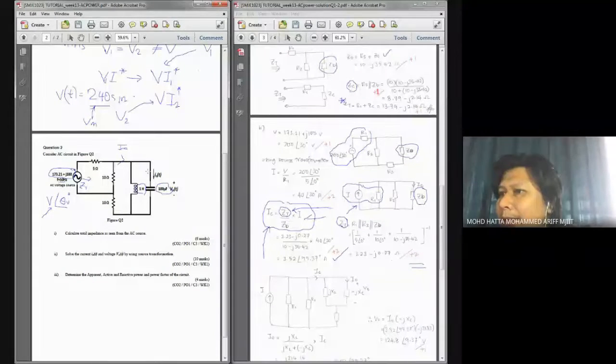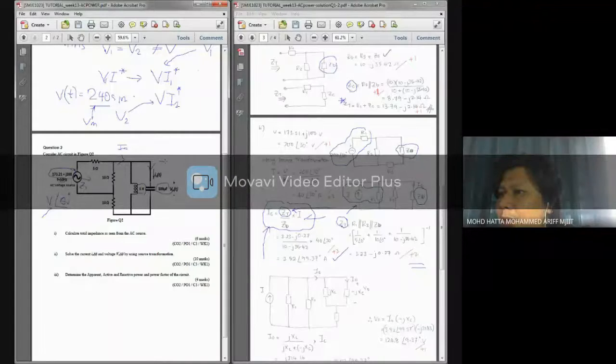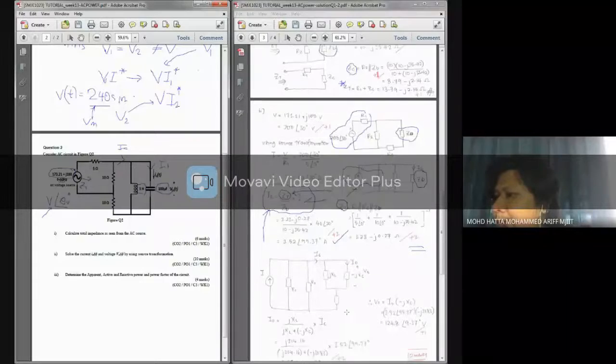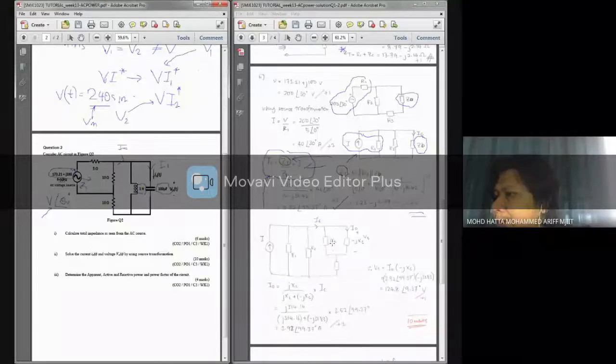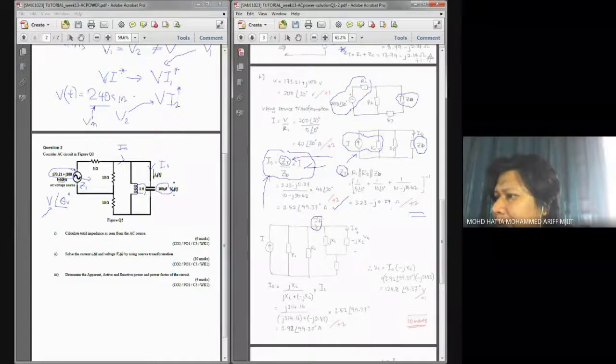And my main objective is to find IO, where I need to perform another current divider rule, where here I have two parallel connected elements and I have a total current IC over here. How do I divide these two currents to get this IO?